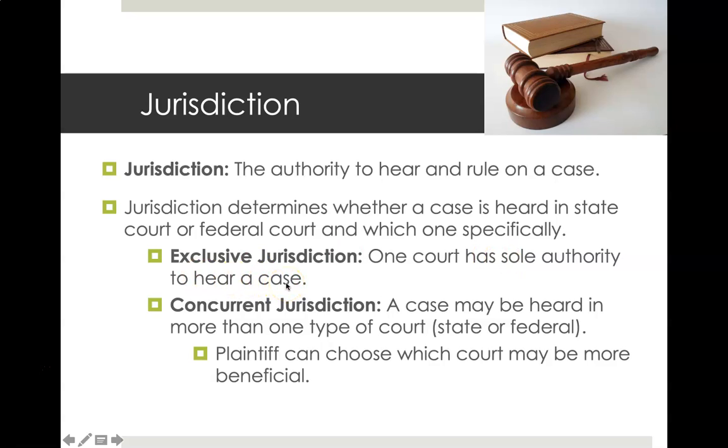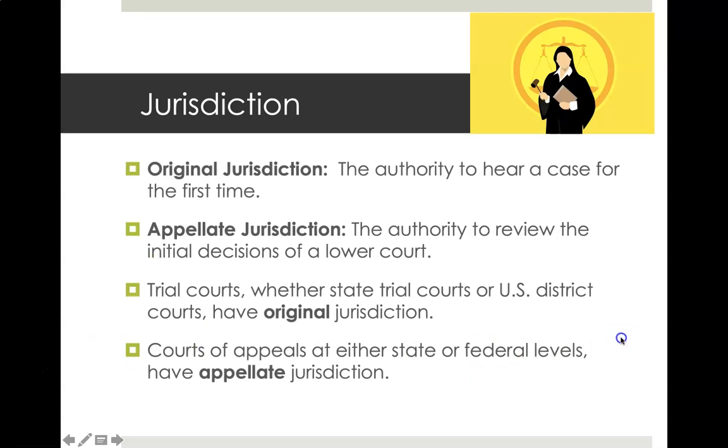In this situation, they would have exclusive jurisdiction because the crime was committed in Tuscaloosa. Concurrent jurisdiction means that it's overlapping. A case may be heard in more than one type of court, state or federal. And this says the plaintiff can choose which court may be more beneficial.